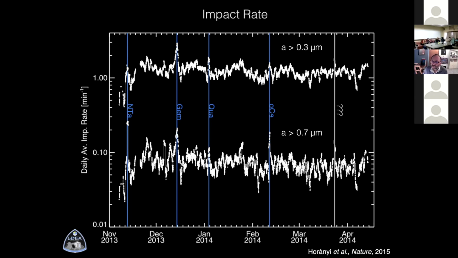And then if you go towards bigger particles like 0.7 micron in radius, you have to wait about 10 minutes for an impact. But we are continuously recording dust impacts. These blue lines are special periods. For example, the Geminids or the Northern Taurids.